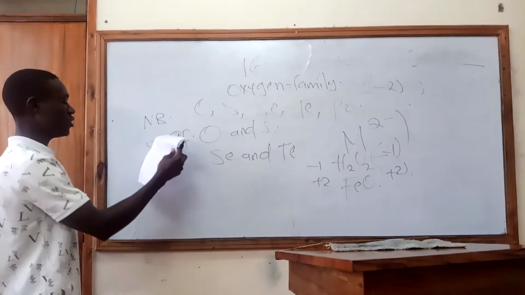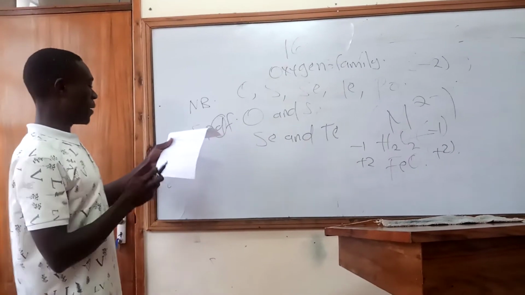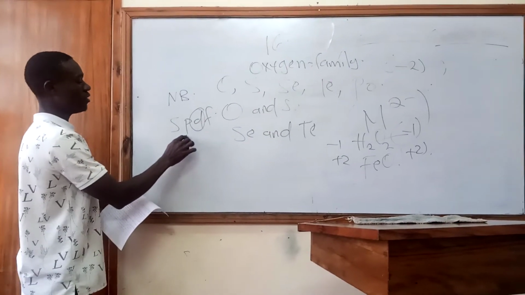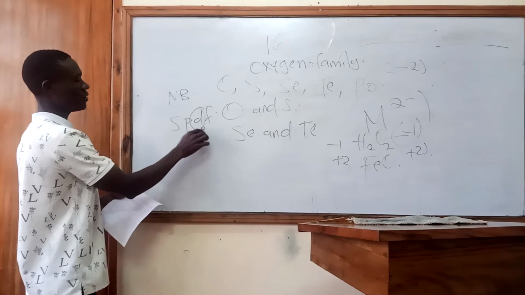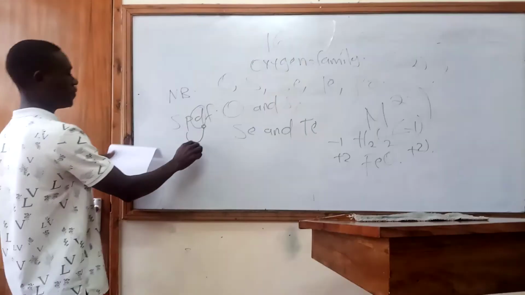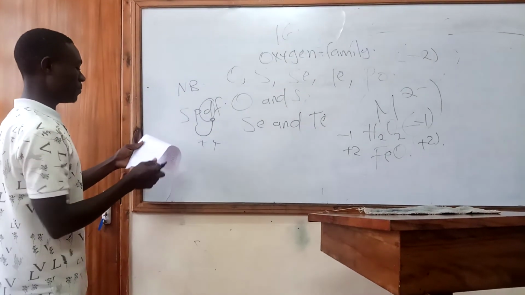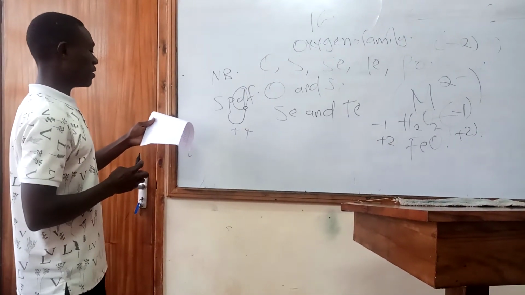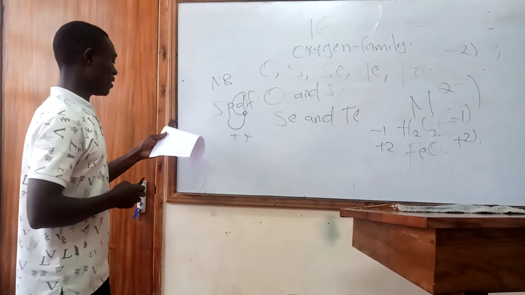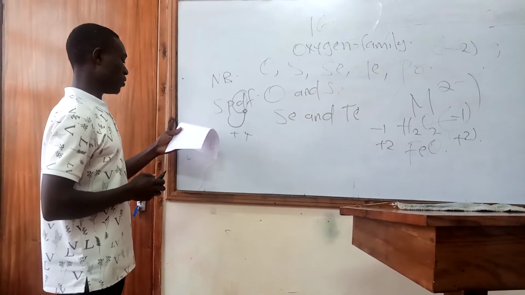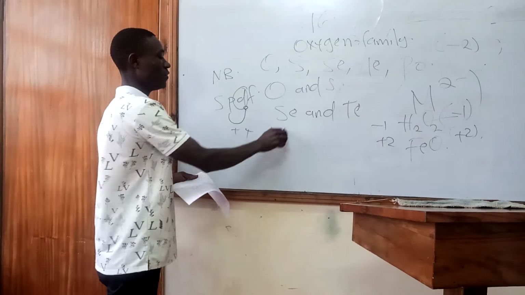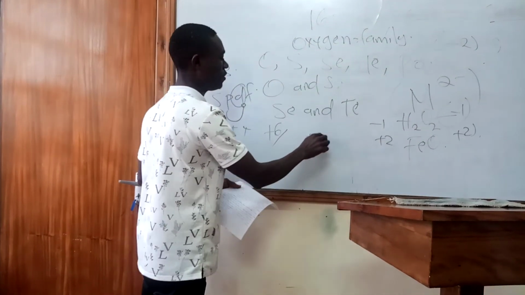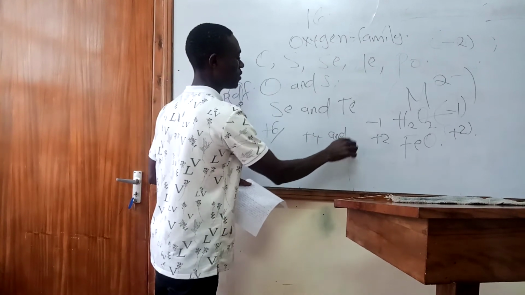The positive oxidation state of +4 is observed when one of the p electrons gets excited to a vacant d orbital. When an electron is excited into here, it shows +4. When further excited, the ns electron goes to the vacant d orbital, giving a positive oxidation state of +6. So it possesses +4 and +6.